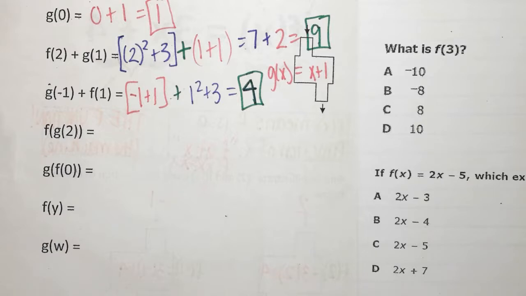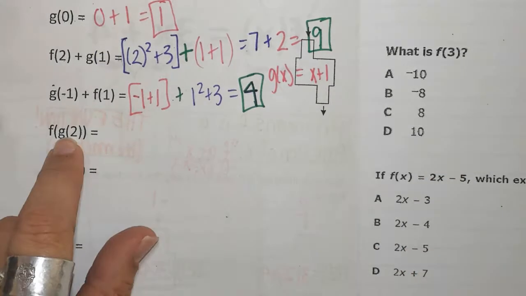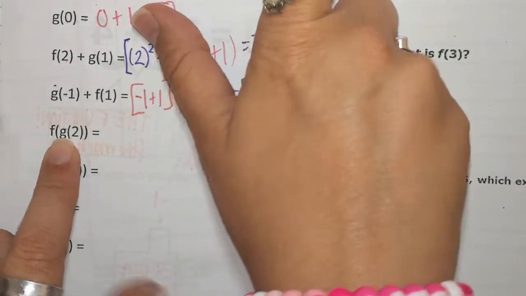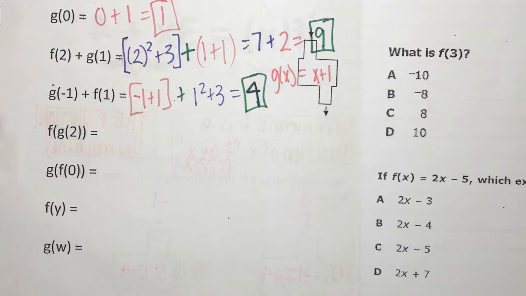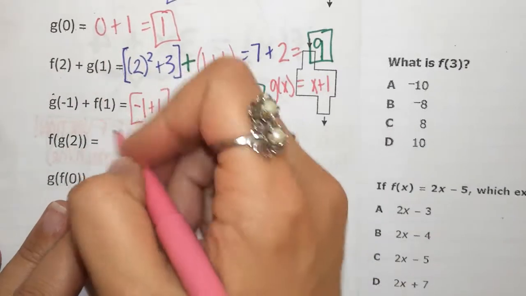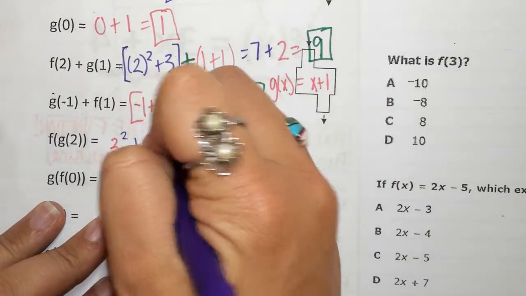Nathan? You would do G first and then advance with it. Take a point. You would plug in 2 for G first, and then whatever you get for this, you would plug into F. So if I plug 2 into G, what's 2 plus 1? 3. And then I'm going to plug that into F at X. So I'm going to say 3 squared plus 3.